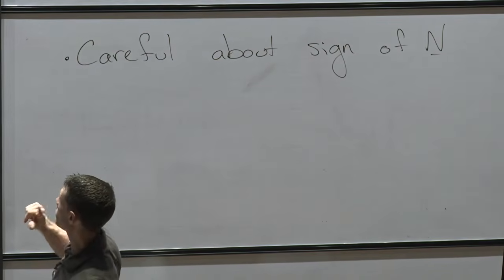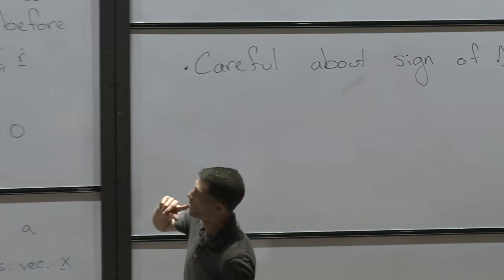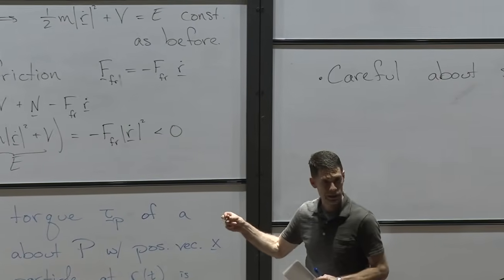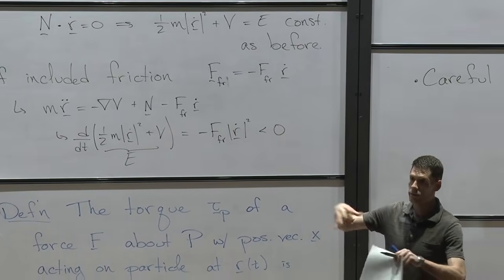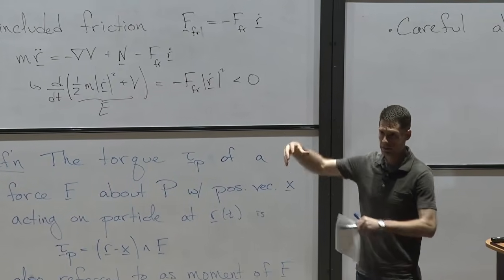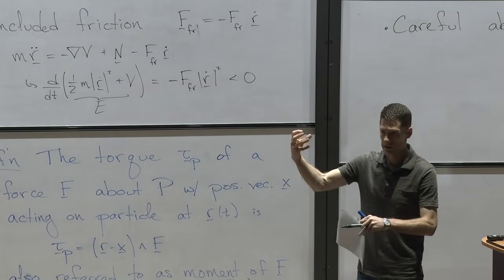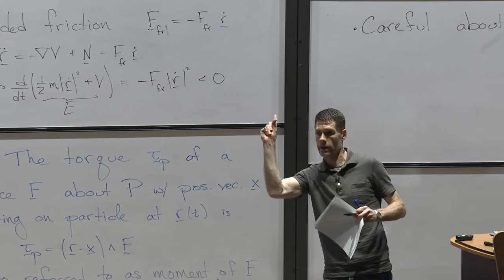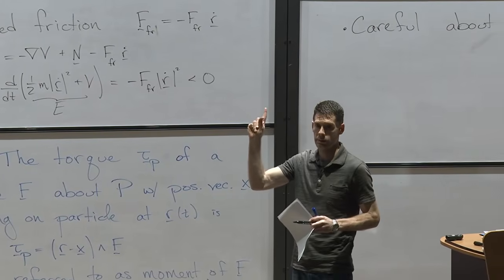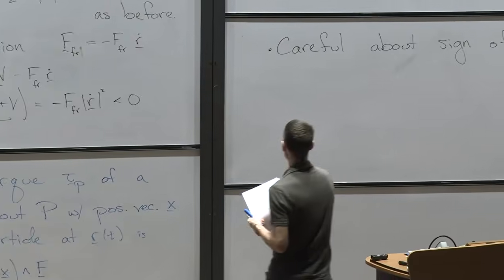So if you keep in mind intuitively, what is N? If I have something on a surface moving under gravity, that N is appearing because the object is being pulled down, it's pushing on the surface, and the surface is pushing back. So we expect N to point up.